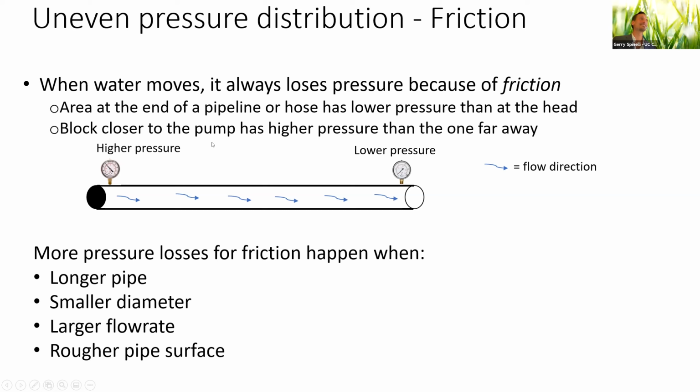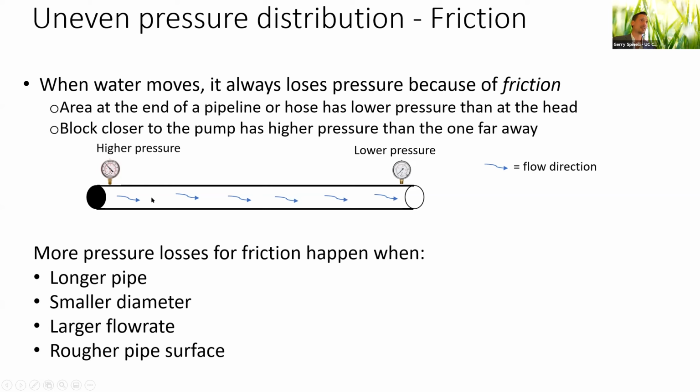The other factor is friction. When water moves in a pipe, it loses pressure because of friction, and this has to do with the conservation of energy, because pressure times volume means energy.